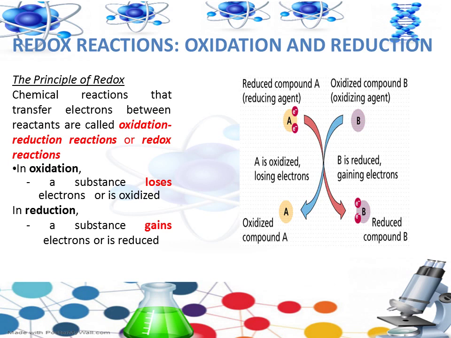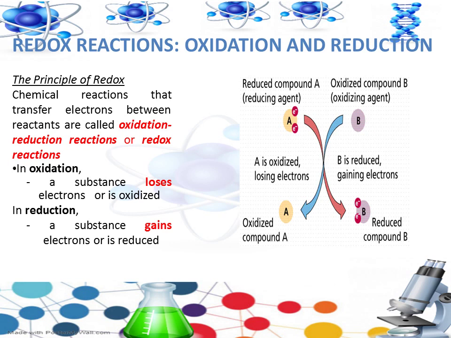Okay, so when we look inside the diagram, we can see that the A compound, when the A is losing the electron, it gives the electron to the upper part of A. Okay, so we say that the bottom A is being oxidized because the bottom A is losing the electron and giving it to the upper A.